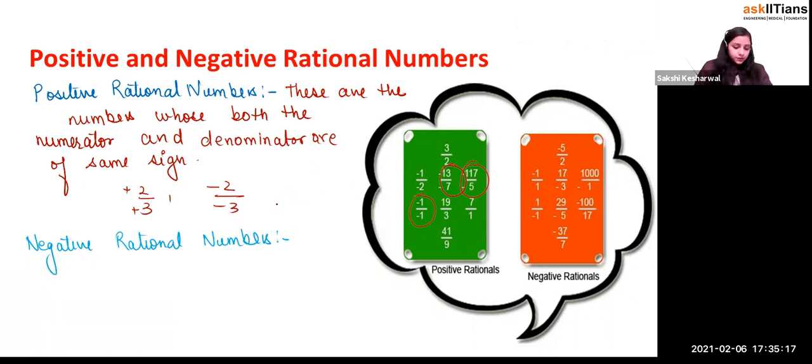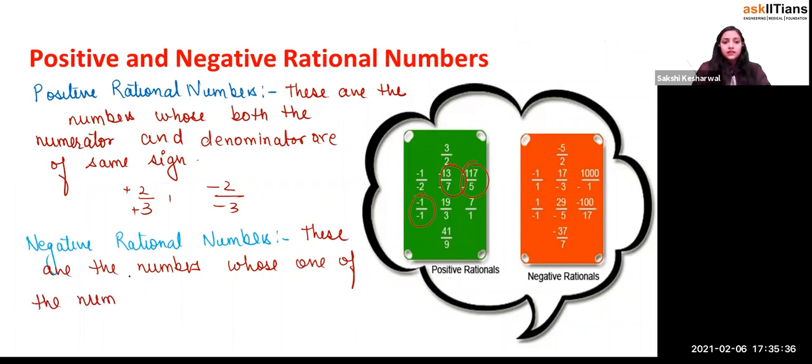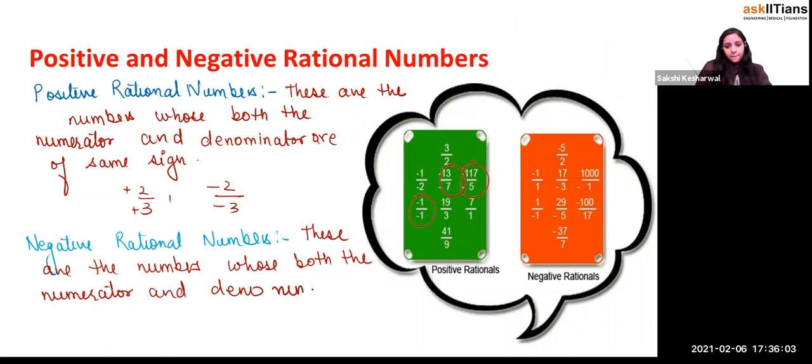These are the numbers whose numerator and denominator are of different sign, right?